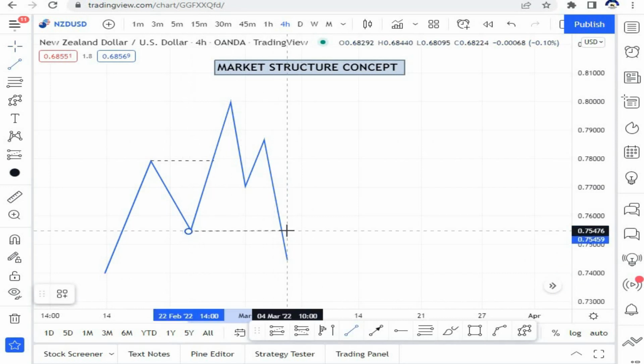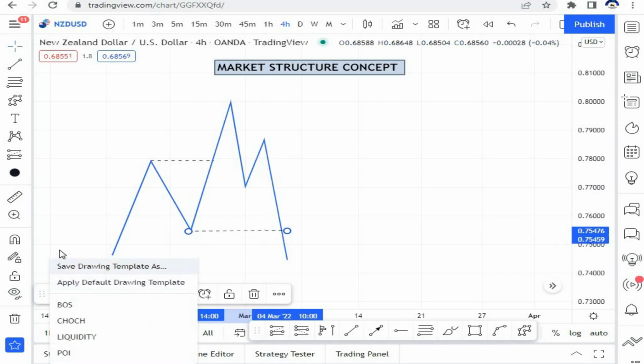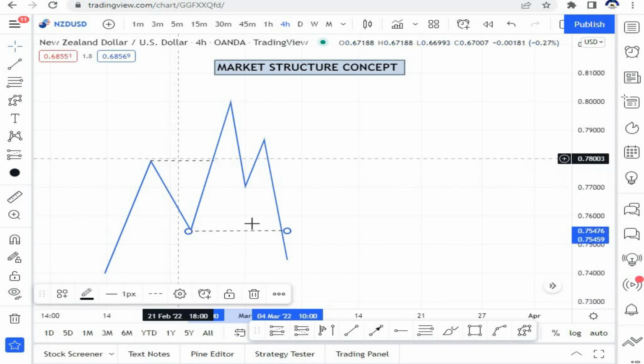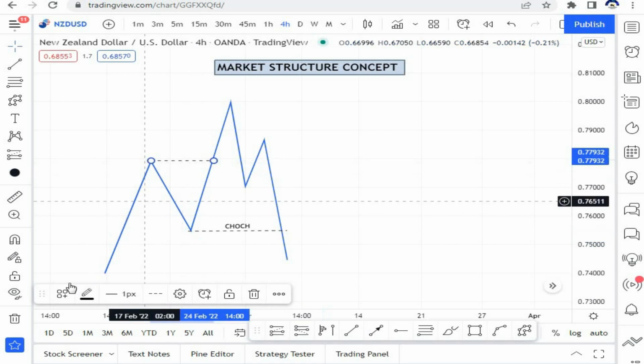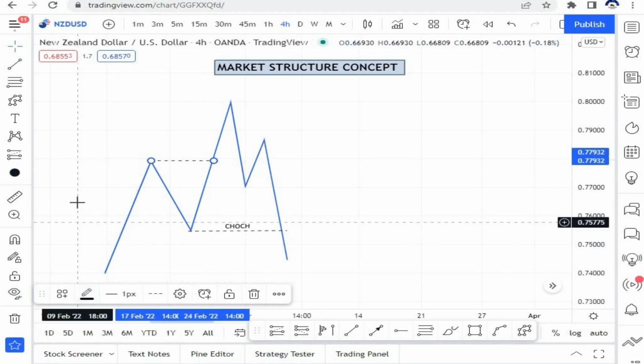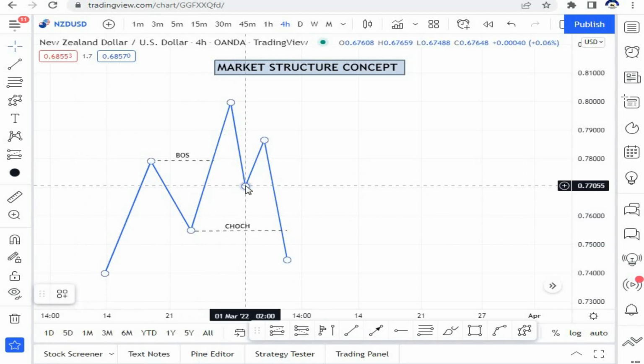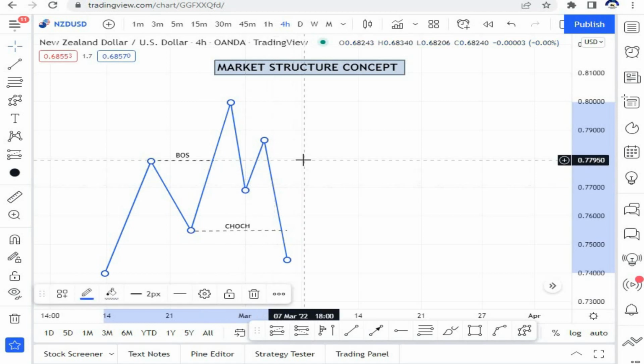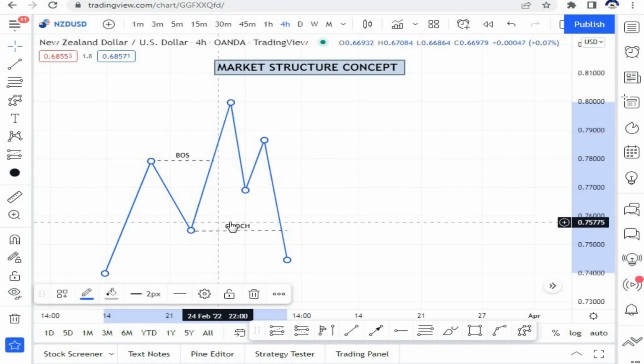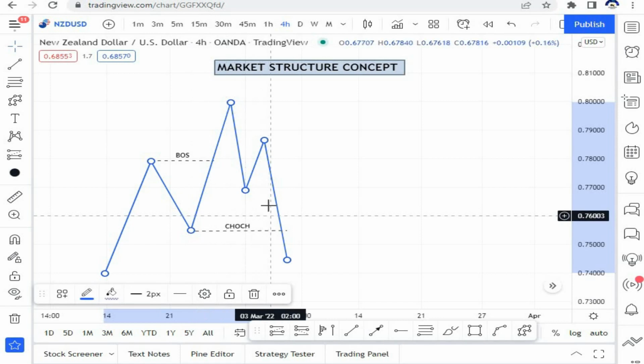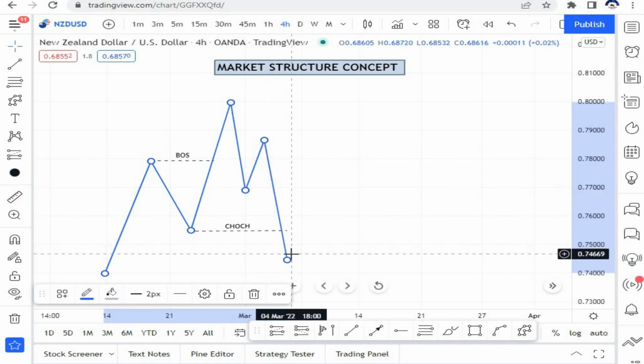Once the price gives you something like this, you have to understand this will now become a change of character and this will now become a break of structure. You were expecting a reversal and a correction to the order block, but the order block failed to hold, and then the price broke the structure.